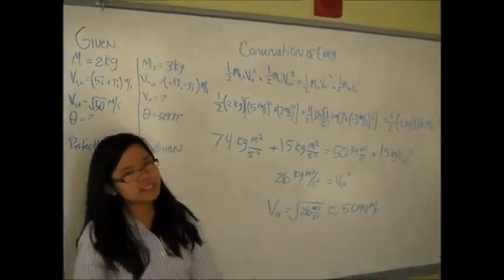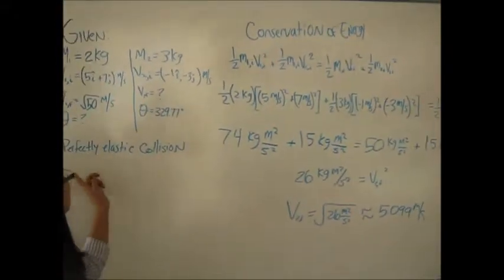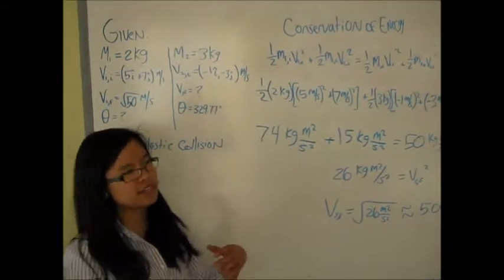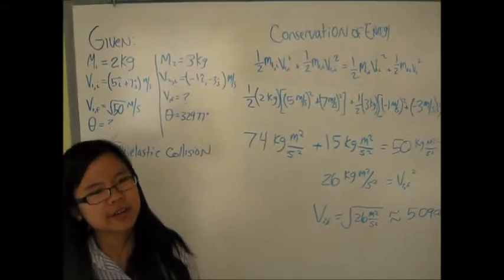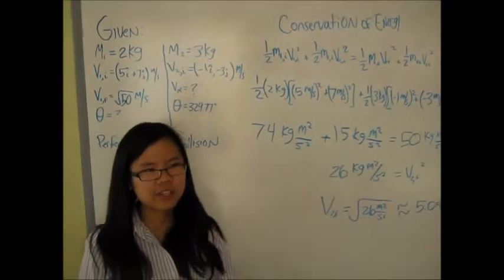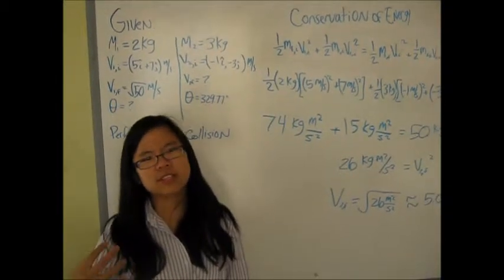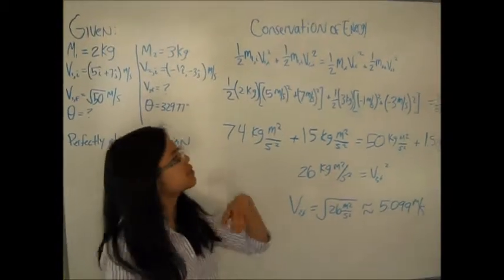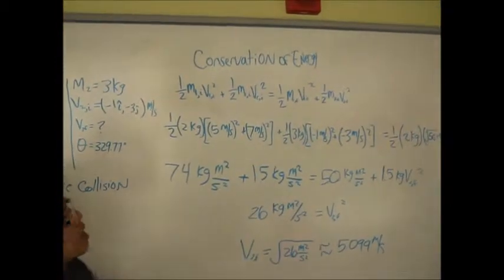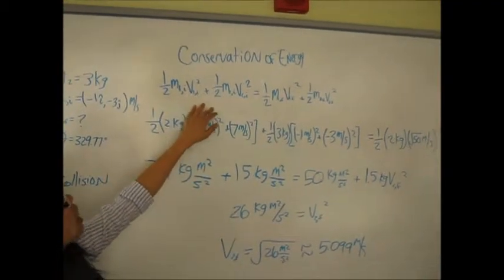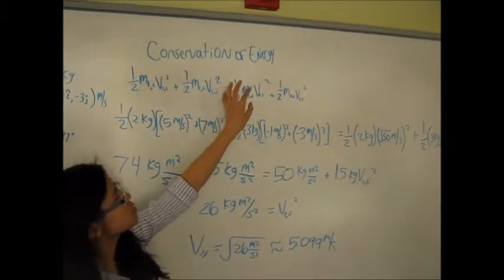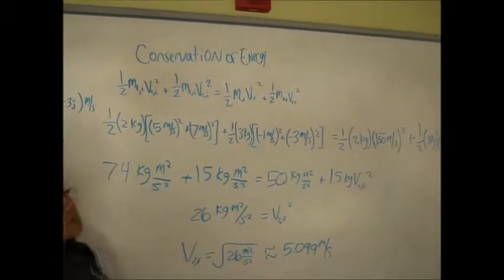So, since it's a perfectly elastic collision that was stated in the problem, you can apply the conservation of energy, which means that the initial kinetic energy equals the final kinetic energy. So you can rewrite kinetic energy into 1/2 mv squared. And so I wrote it out for mass 1, mass 2, and then mass 1, mass 2 final.